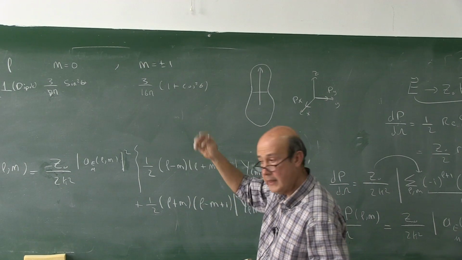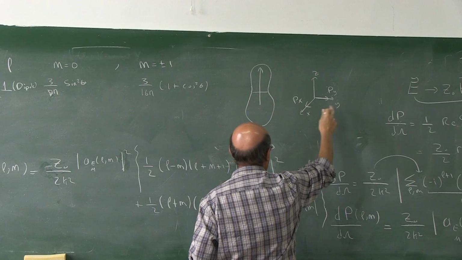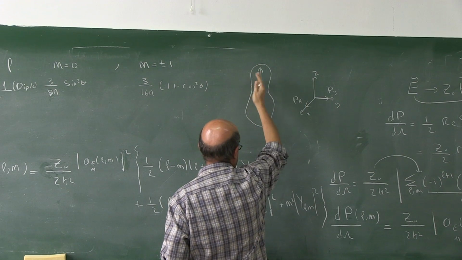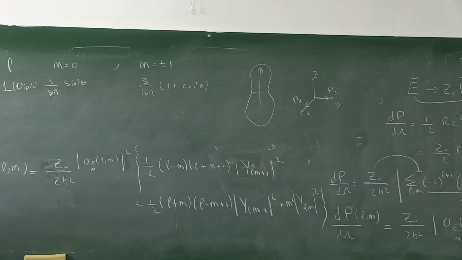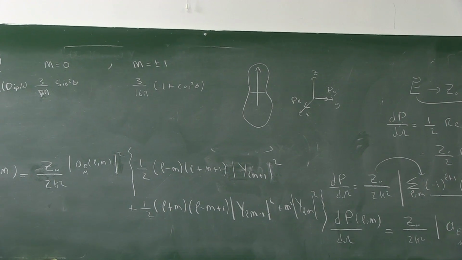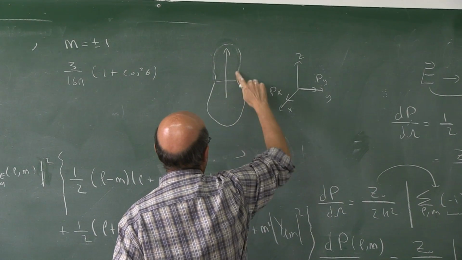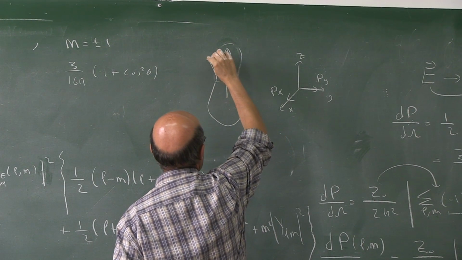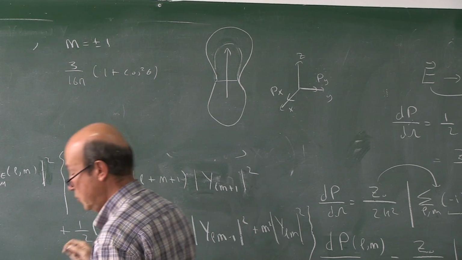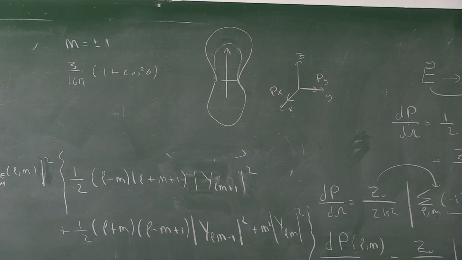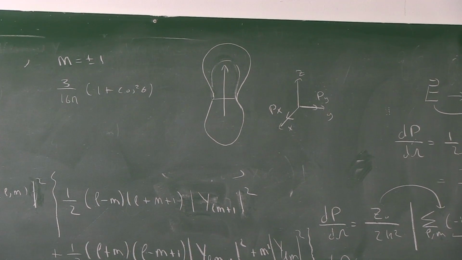And if you look at the angular distribution, if you put your dipole along x or y and look at the distribution along the z-axis, you will have some different structure, something like this. Actually, this should be symmetric, up and down should be symmetric. I am sorry, I am not good at drawing. You can look at your book. So basically, everything related to L equal to 1 is the dipole radiation.